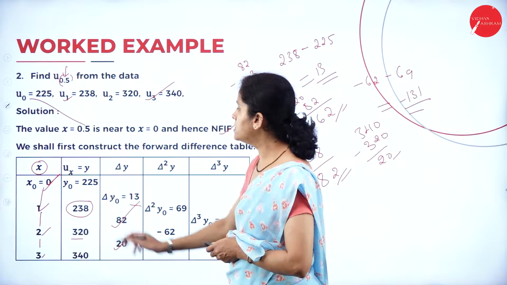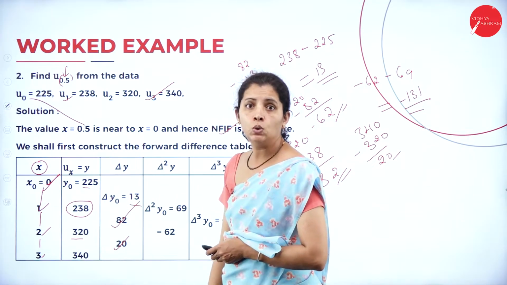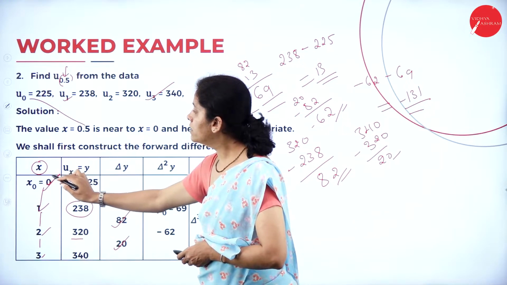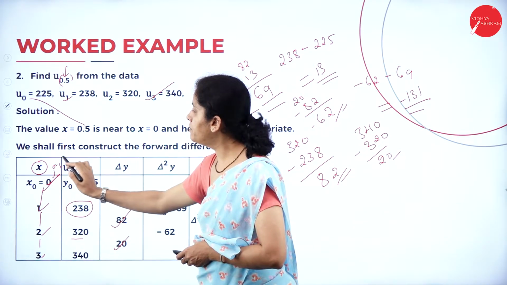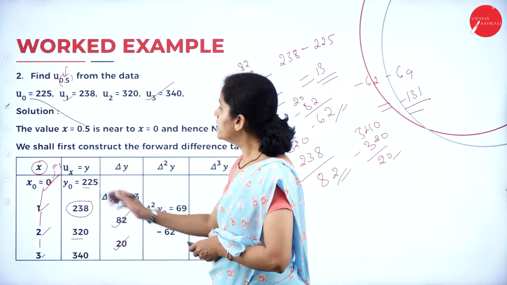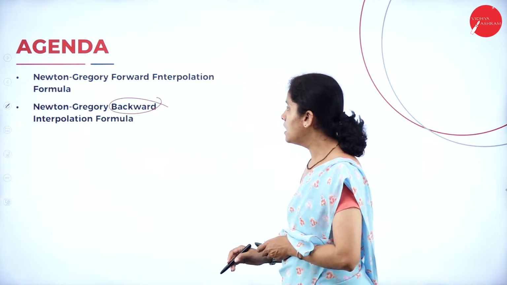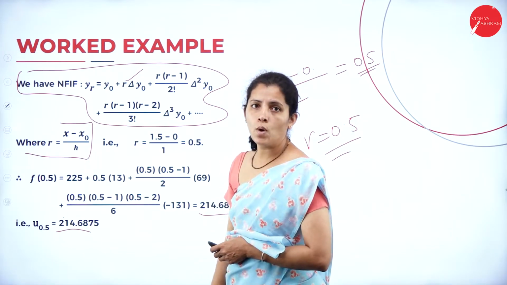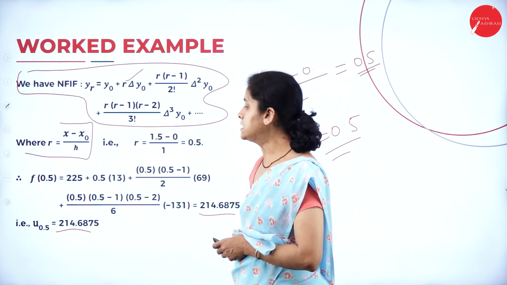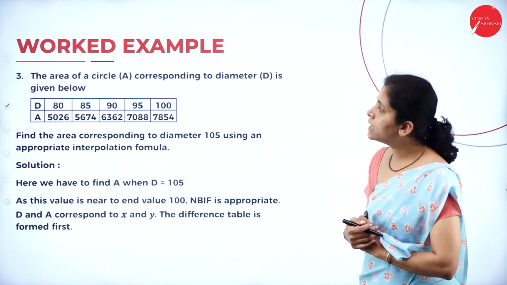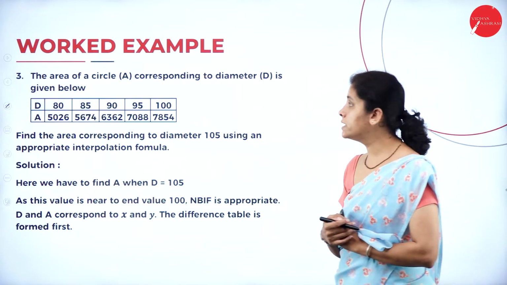So dear students, see here, it is 225. If I consider above 0, okay, here I'll get 0.5. Now, if my x is 0.5, then what is the answer I have here? That is 214.6879.